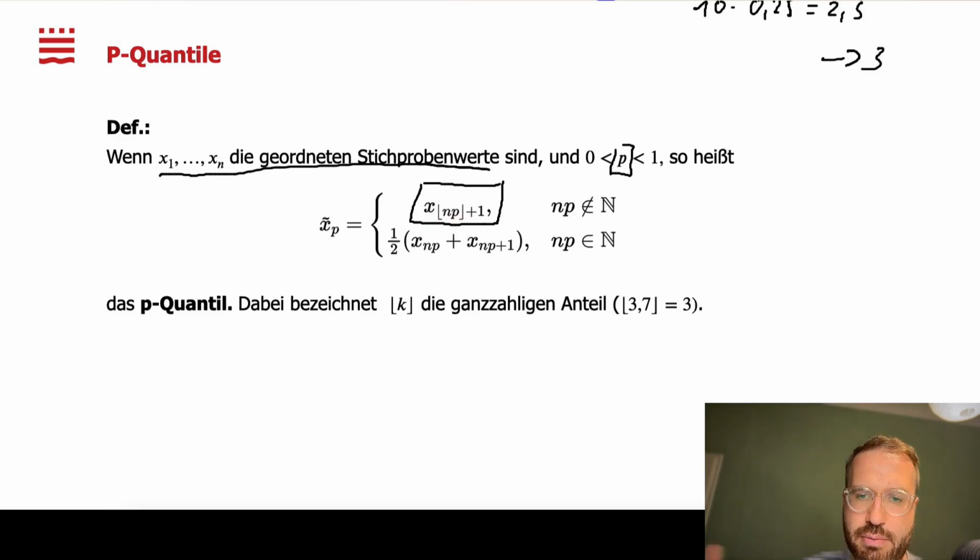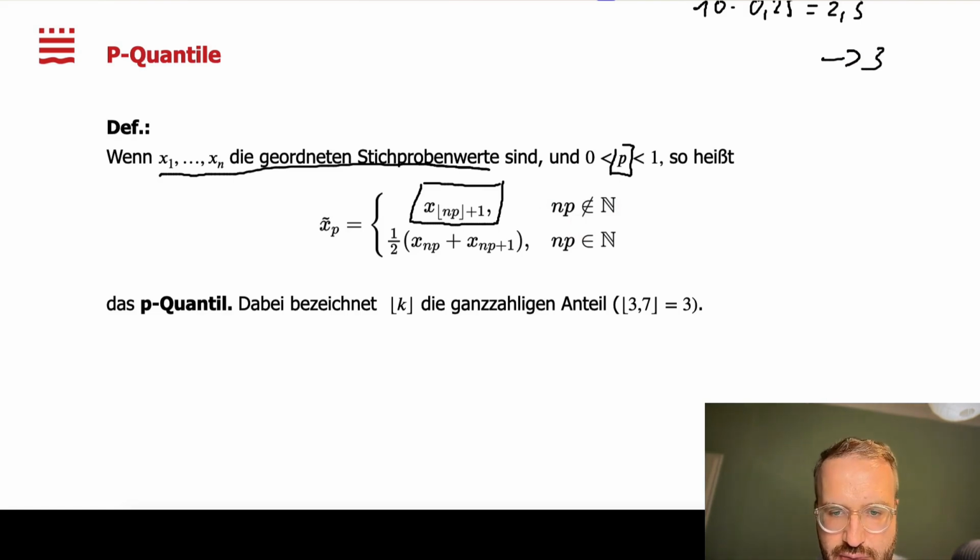They round down. One could also round up directly, but we have written it down a bit more complicated here. So we round down, which are called Gaussian brackets, and then we add 1. This means we round 2.5 down and add 1 to get the third value, and this is how we usually obtain the p-quantile when n times p does not yield a whole number. In other words, when the whole does not work out.